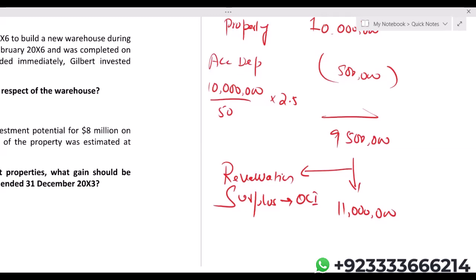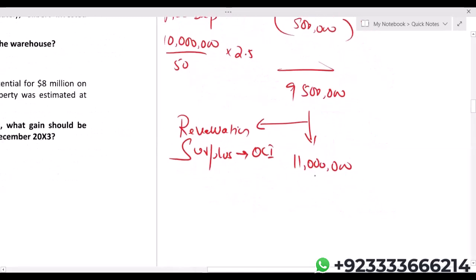So after this 11 million, whatever change comes in the fair value, that change is treated as gain or loss in the fair value of investment property. Under IAS 40 investment property, whatever change comes in the fair value under the fair value model is recognized in P&L. And under the IAS 40 fair value model, no depreciation.